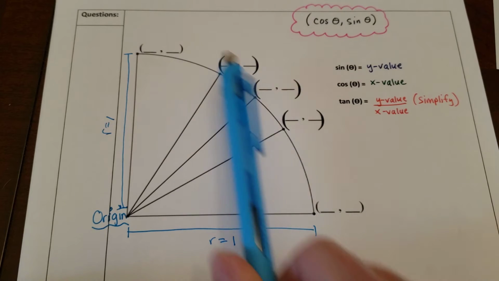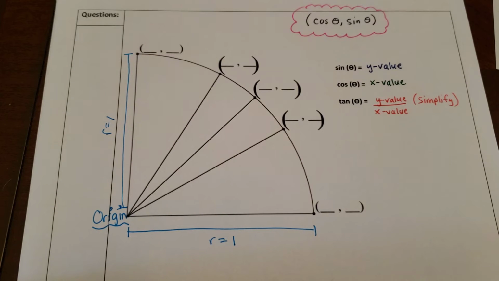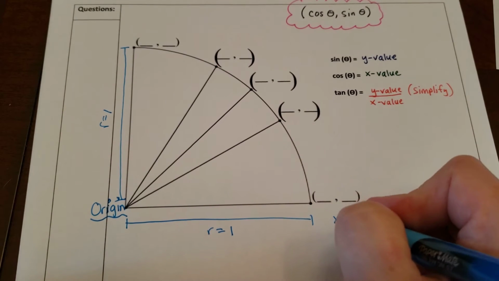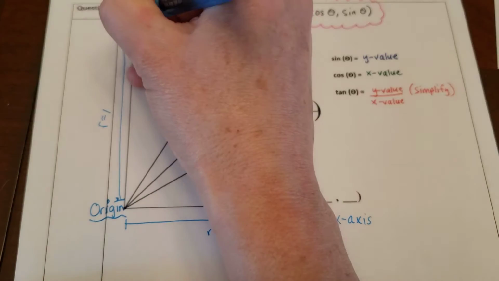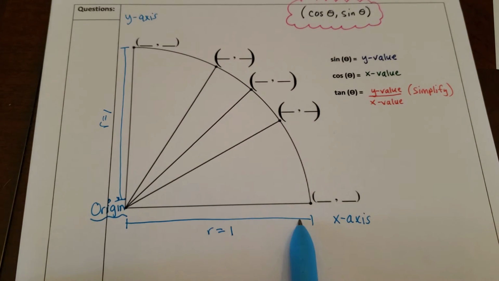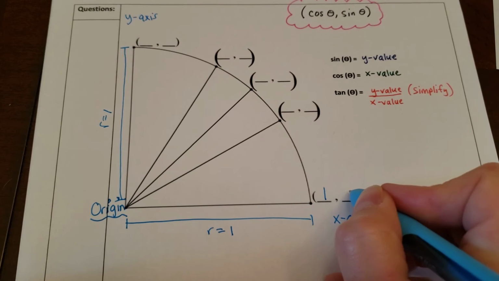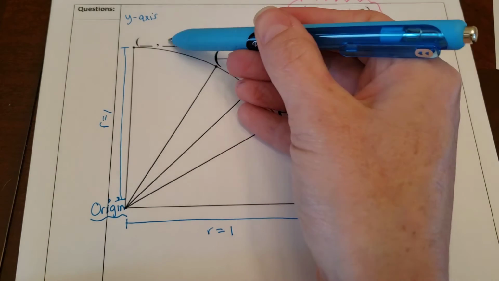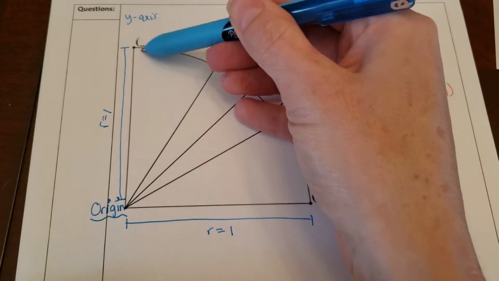So when I go to find these ordered pairs, it shouldn't be too big of a deal because I'm just going over 1 and up 0. This is your x-axis, here's your y-axis. So this ordered pair would be over 1 and up 0 because we did not increase on the y. Where this ordered pair, we went over 0, but we went up 1.